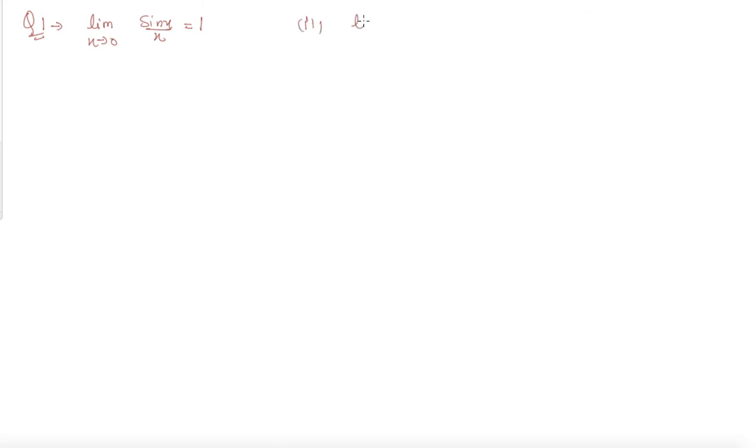And the second important result is limit x tends to 0 of the next expression. So these are two important results that we will be using further in solving questions based on trigonometric limits.